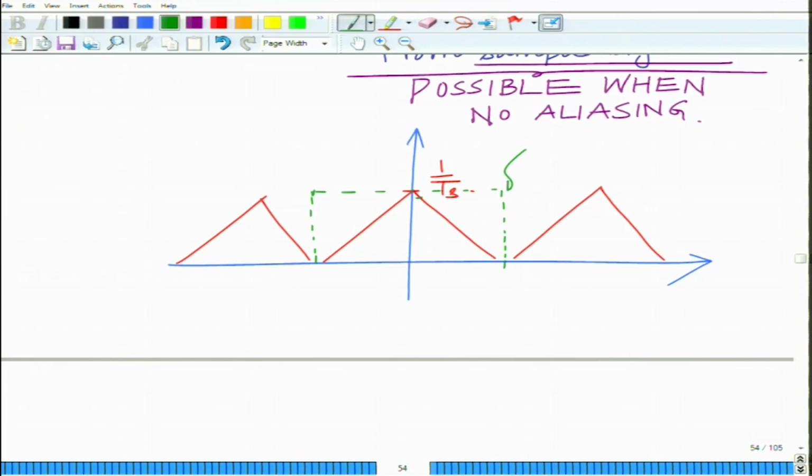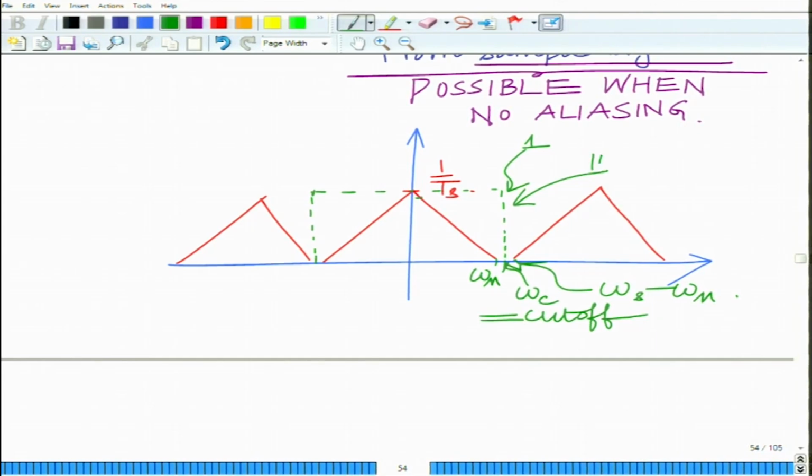So, this is your ideal low pass filter, gain is unity. So, this is your omega m and the cutoff basically is omega c such that, and now look at this, this is your omega s minus omega m. So, this is basically your omega c, which is your cutoff of the ideal low pass filter, okay.